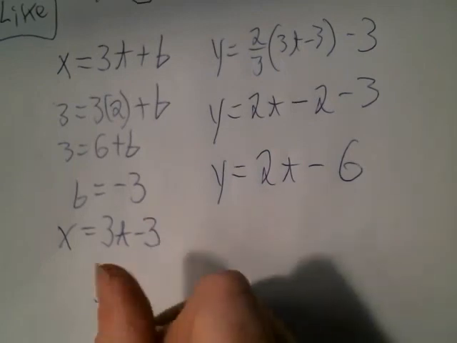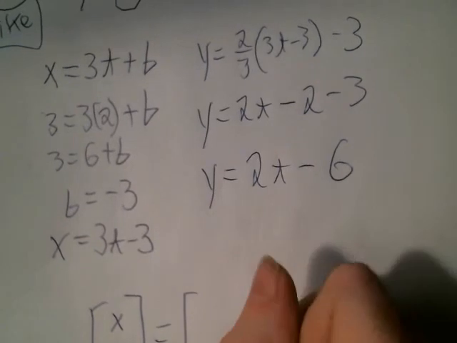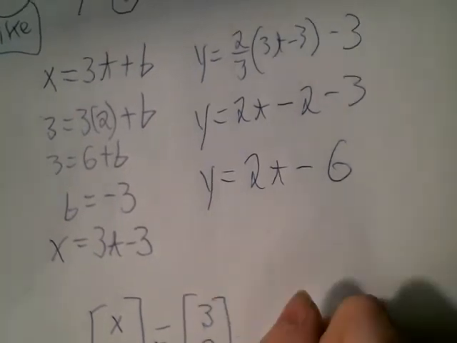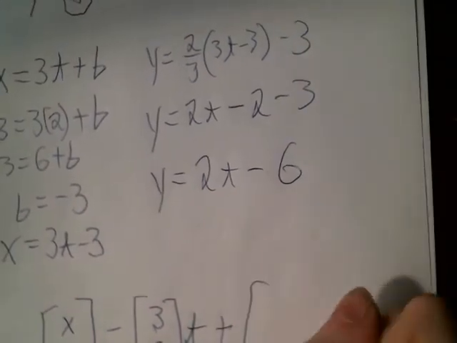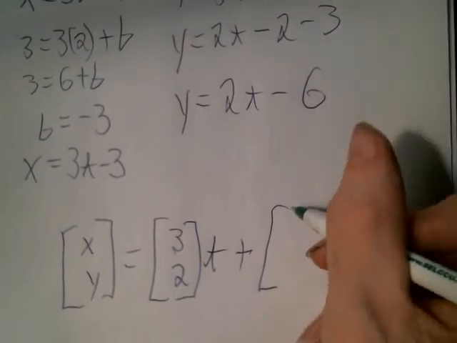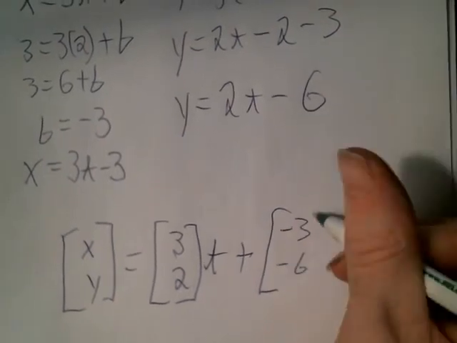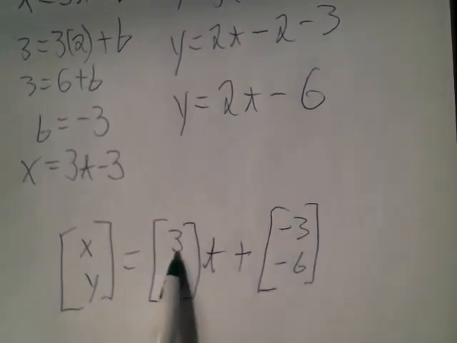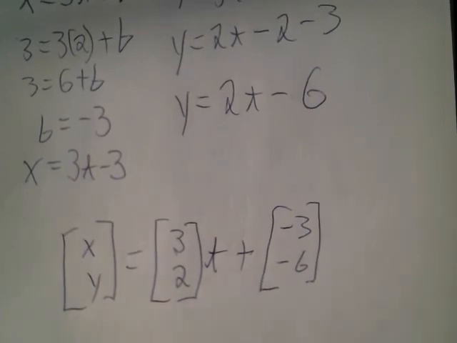The vector form would be xy equals the x slope and the y slope times t, plus this particular point that we care about, the x point and then the y point. Okay? But you can see the equations here. This is the x formula from here, and this is the y formula from over here.